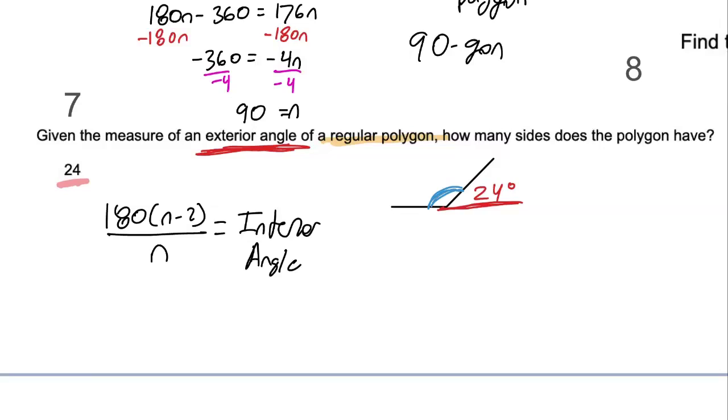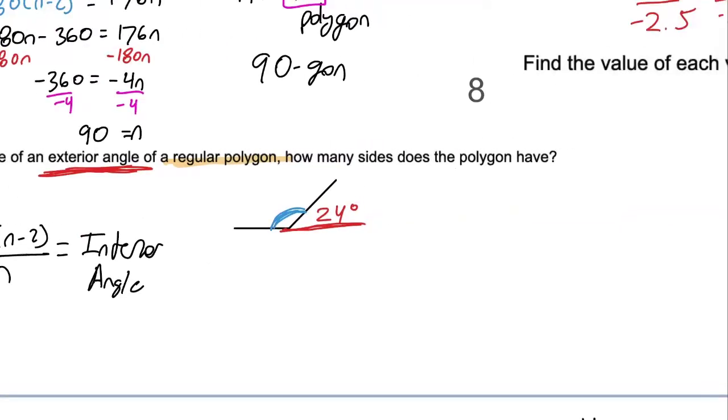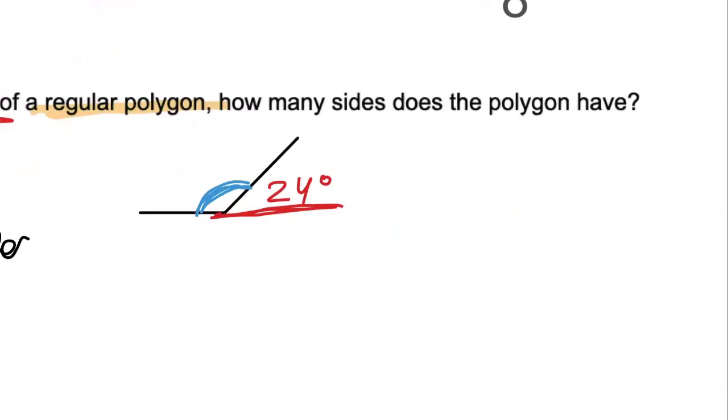What do you think I'd have to do to get the interior angle, Liam? Why? Mm-hmm. Very good. Impressive. That is correct. 180 minus 24. Actually, you would have said it better than I did.